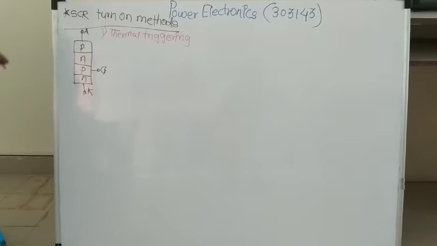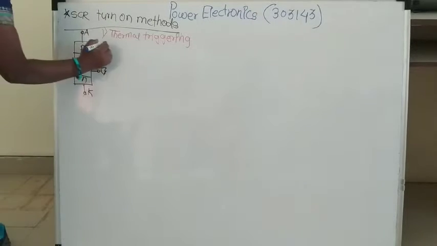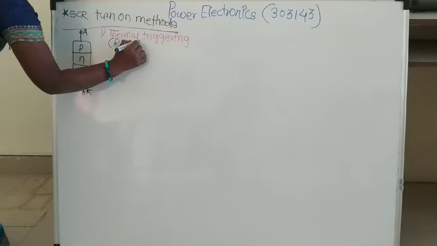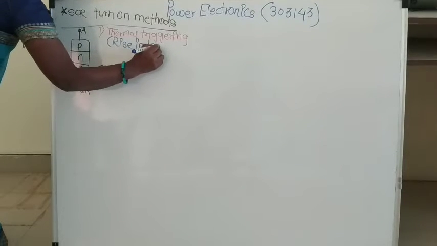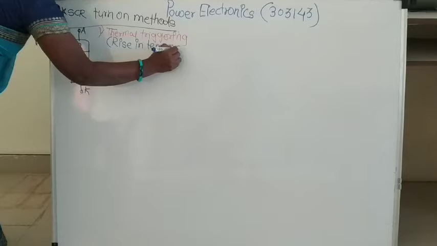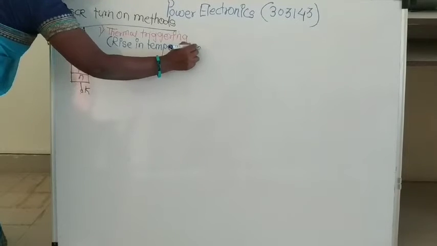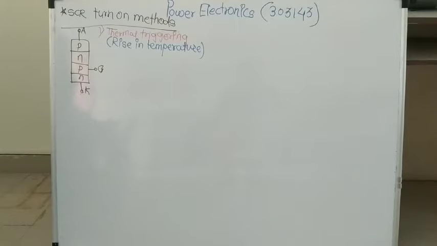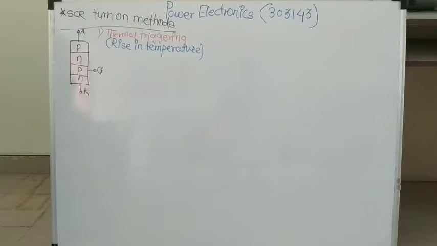In other words, we can say that rise in temperature. When we increase the temperature, at that time also SCR gets turned on. This is the first turn-on method of SCR.